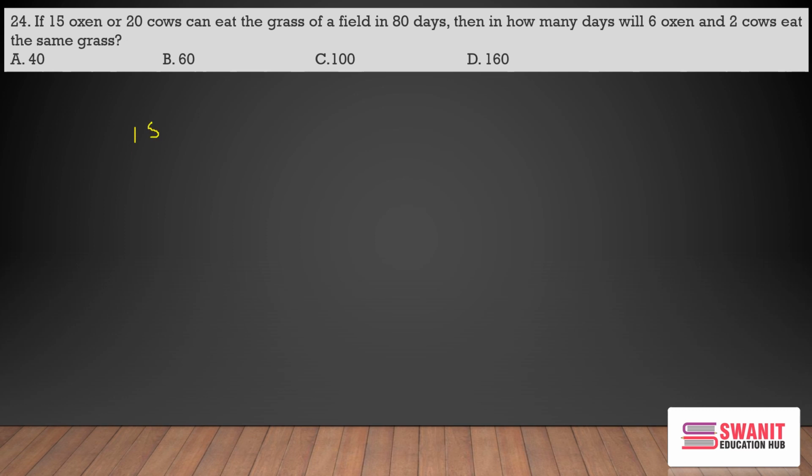It says 15 oxen or 20 cows can eat the grass field in 80 days, which means one cow, or one ox, I should say, should eat up, multiplied by 15 days.